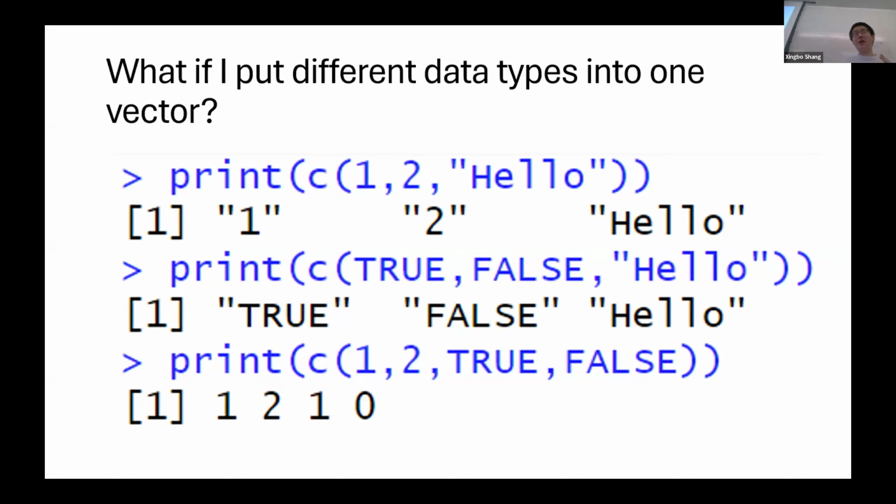So this means R sticks really hard to its rule that you must have the same data type in the same vector, but it also wants to do you some convenience by silently converting some data types for you whenever possible. The reason 1 and 2, TRUE and FALSE are all converted to characters is because it is always guaranteed to be able to convert from numeric or logical to text, because you just add double quotes.